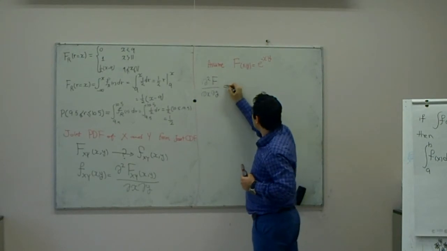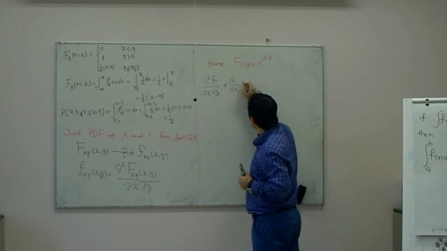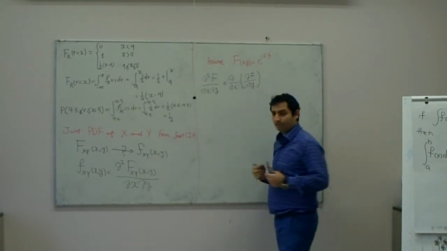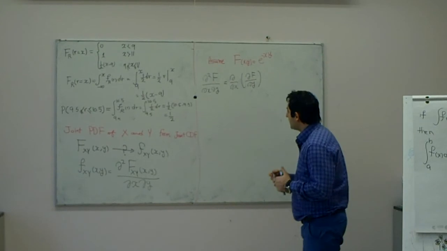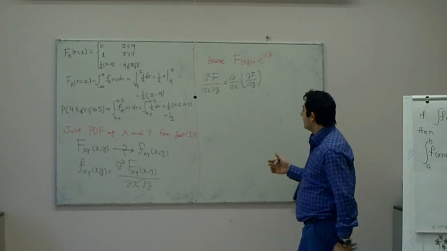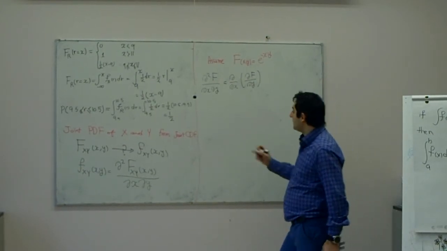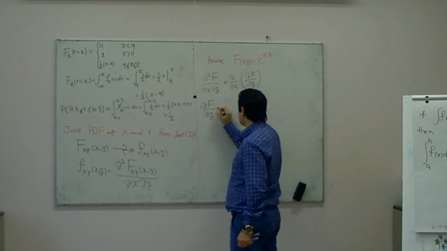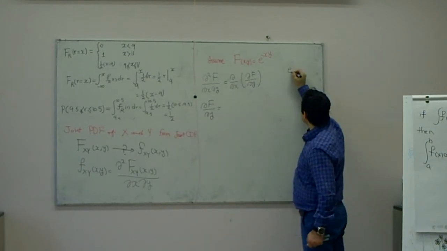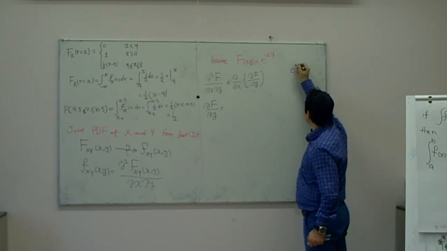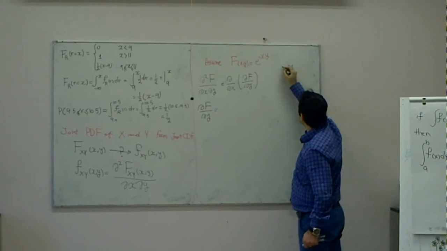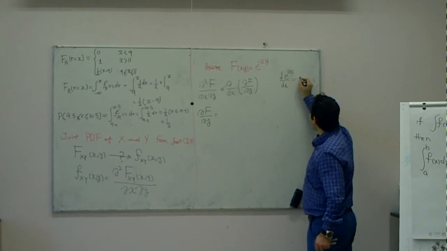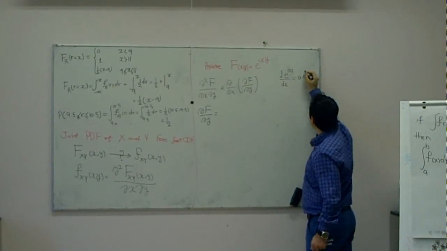We can separate the double derivative into two consecutive single derivatives. Now, the derivative of F with respect to y, what is the derivative of e to power ax? What is this? Do you remember? It was a multiplied by e to power ax.